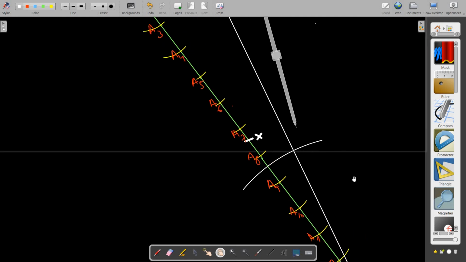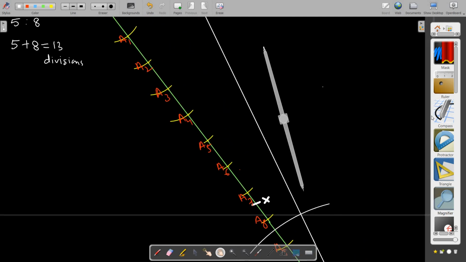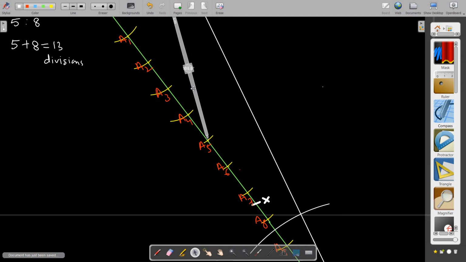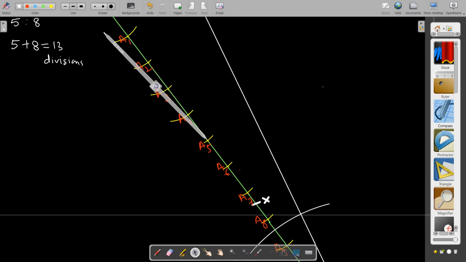So this is the procedure. I place the compass pointer at A5 and turn the compass and draw an arc intersecting the acute ray. That's more important, intersecting the acute ray.